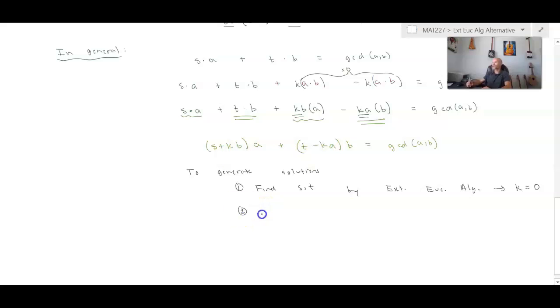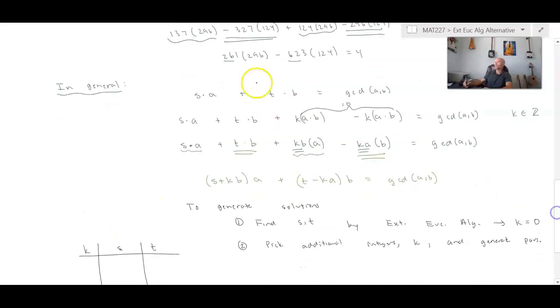And now to generate solutions, pick additional integers k and generate pairs. Okay, let's actually do this. We've already kind of created this ST table, but I'm going to create a KST table.